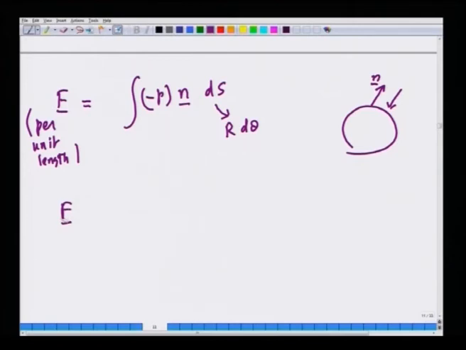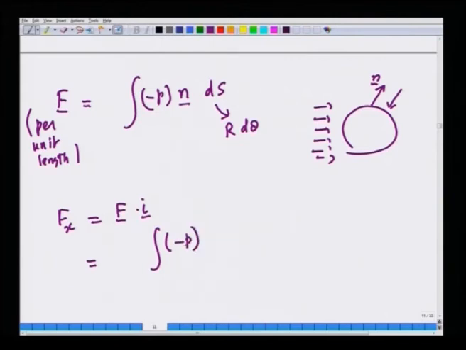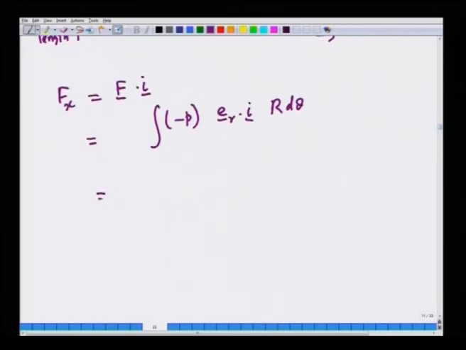Now, by symmetry, since the flow is in the x direction, we can imagine that the only force should be in the x direction, because there is nothing in the y direction to suggest that there will be a net force in the y direction. So, the only force that we have to calculate is in the x direction, which is minus p, n dot i, where n is e_r, and ds is r d theta, where r is the radius of the circle.